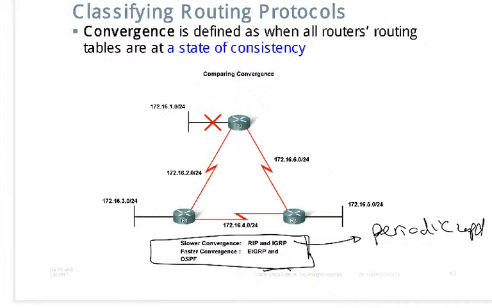So whenever I receive a link state update, I will forward it right away. So based on that, all the routers will get the link state of all the links in the entire network very quickly. And then the calculation happens one time at the end for the entire path. Okay?